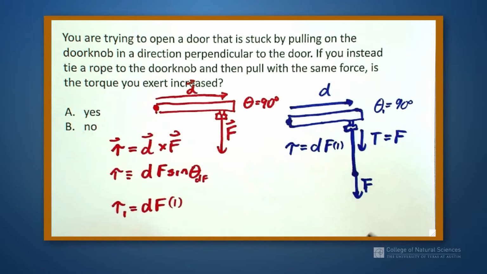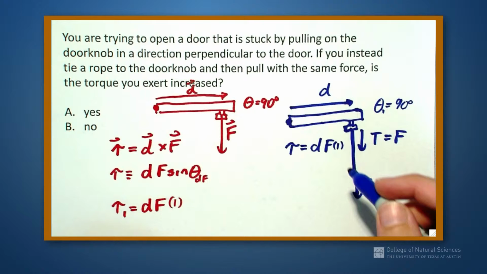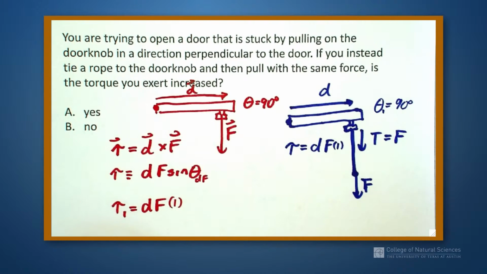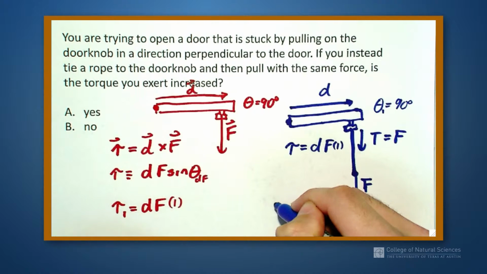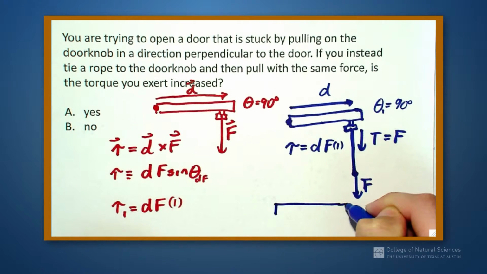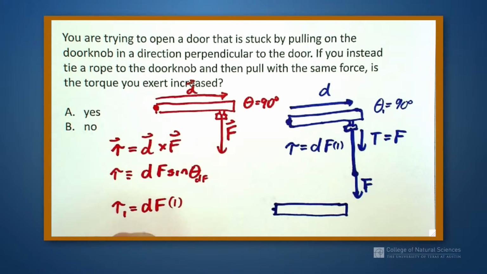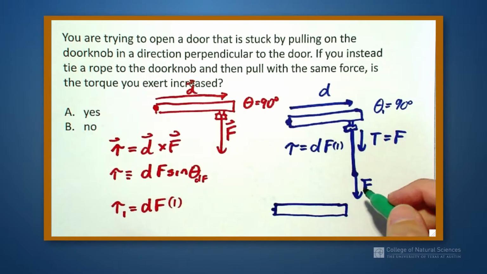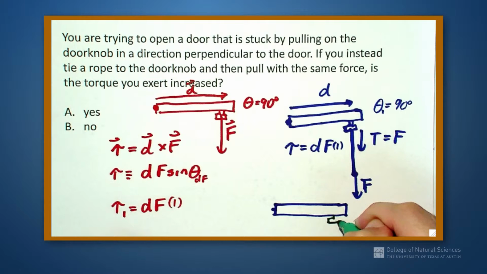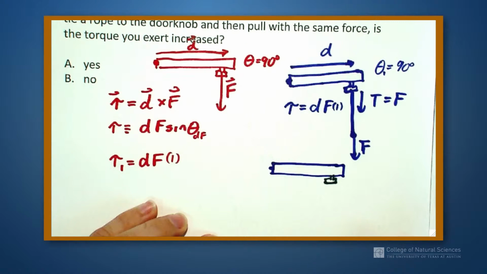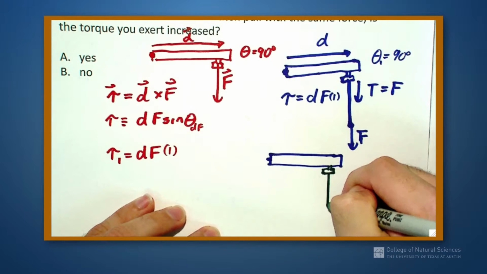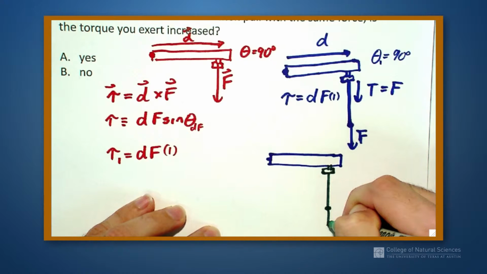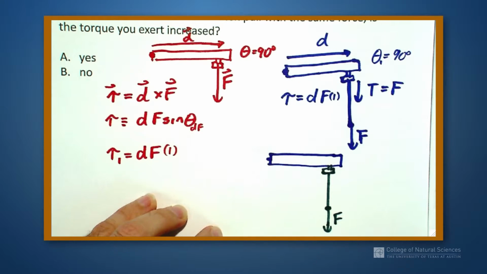Some people solve this a slightly different way though. Some people will say, hey, that's not where the force is attached. The force is attached at a slightly different distance. I should have drawn this in a different color. I'm going to change to green. So I'm going to attach to my doorknob a string and then have my force attached to it.